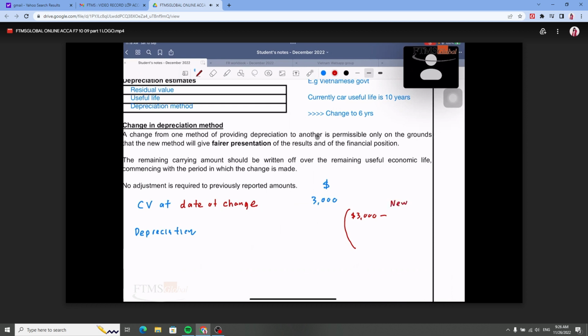If there's a change in scrap value, I will use the new scrap value, if any. Then of course, divide by the new useful life, if any. If there's a new useful life, then you use the new one. If not, then you use the remaining useful life.